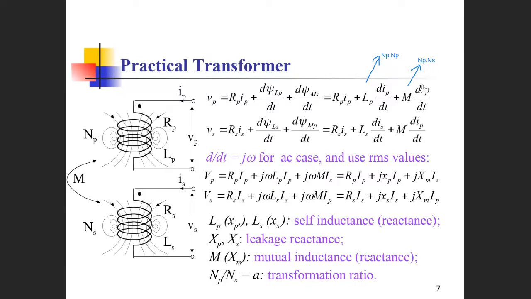So the secondary current with turn number N secondary comes to the primary receiver N primary, inducing voltage in the primary. For this term, the producer is the primary current IP with primary turns NP, and the receiver is the primary itself, NP.